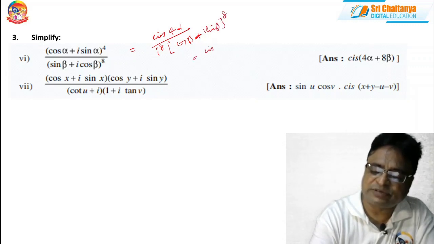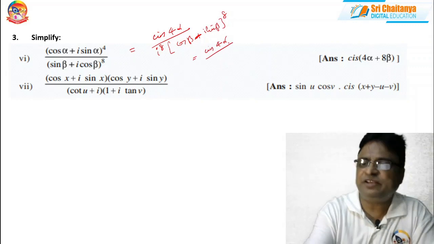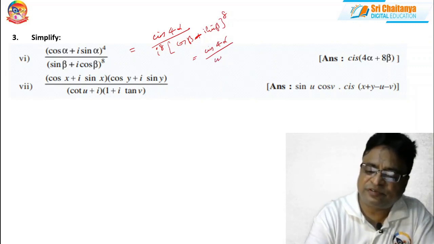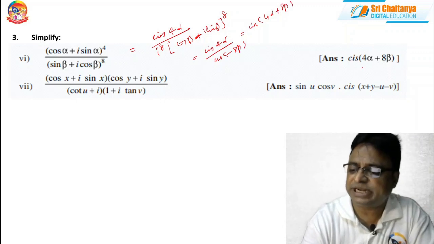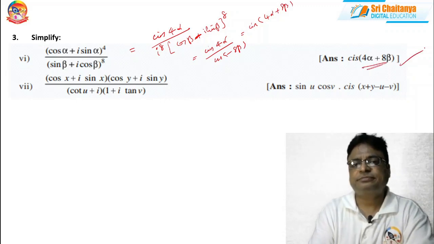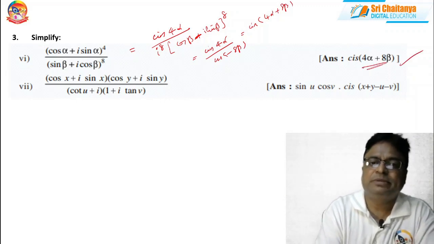So the numerator is cis 4 alpha, i power 8 is 1, and the denominator is cis minus 8 beta. So this can be written as cis of 4 alpha plus 8 beta. Got it? Now, the 8th problem.